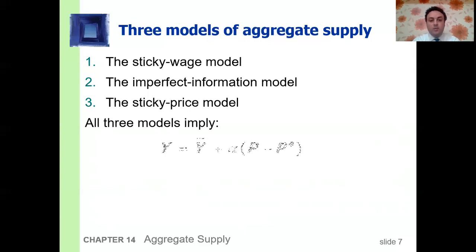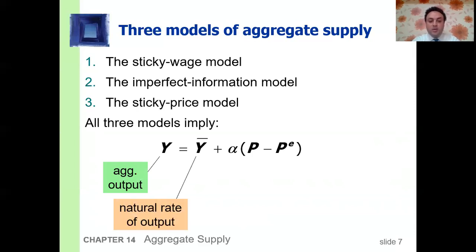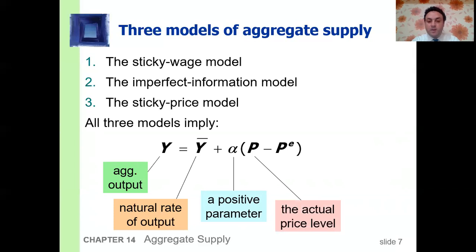Okay, all three models imply this equation. As you know, aggregate output equals the natural rate of output plus this positive parameter multiplied by the actual price level minus the expected price level.